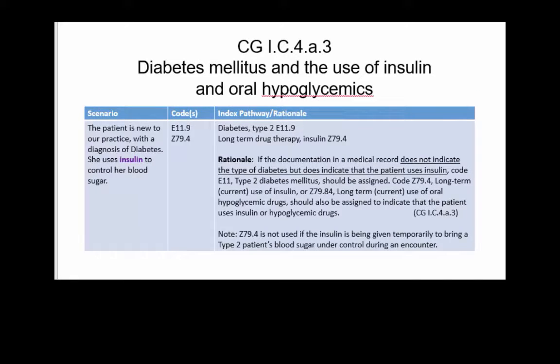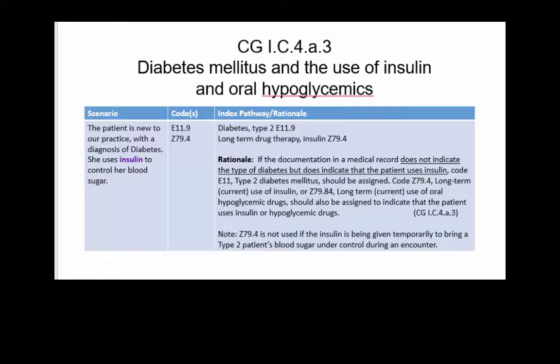The next guideline has to do with the use of insulin and oral hypoglycemics. 2017 guidelines added a code for the use of oral hypoglycemics. The use of insulin was already in the code book and in the guidelines. But in this scenario, the doctor documents the patient is new to our practice with a diagnosis of diabetes and uses insulin to control her blood sugar.